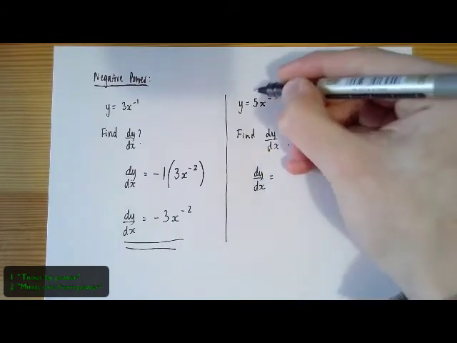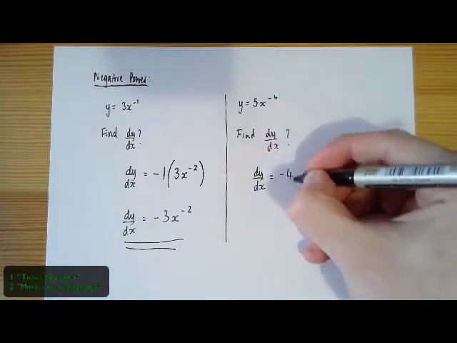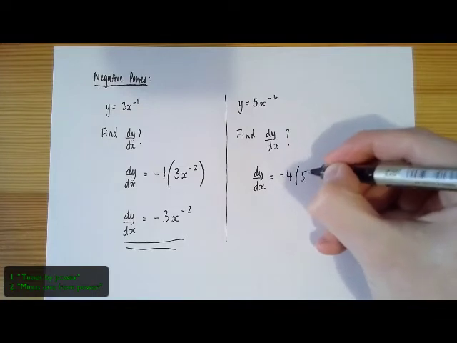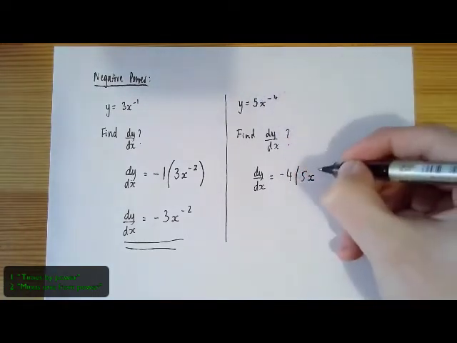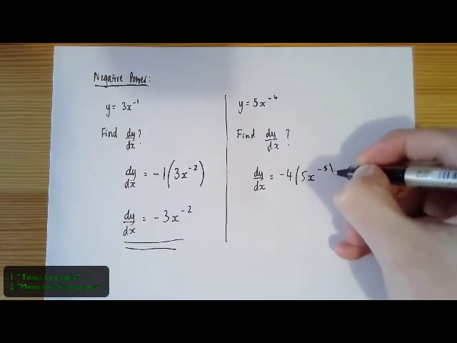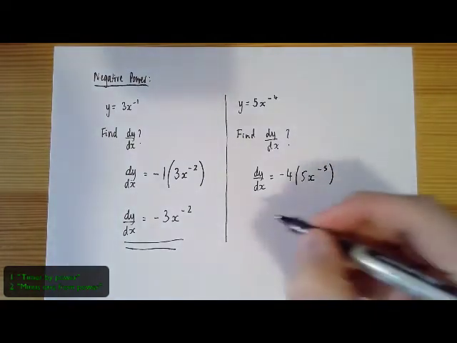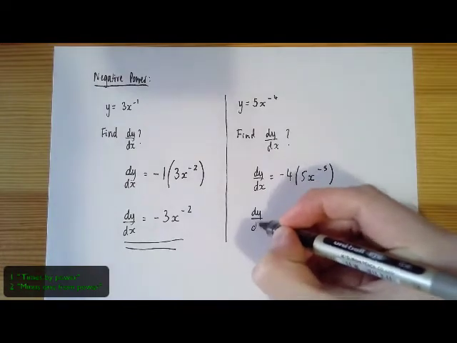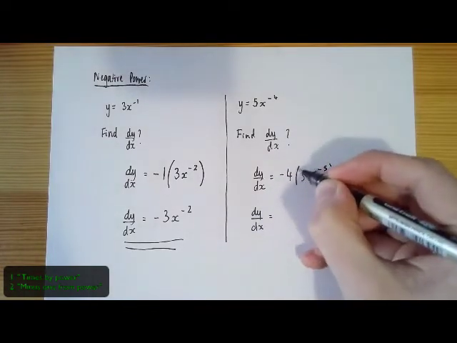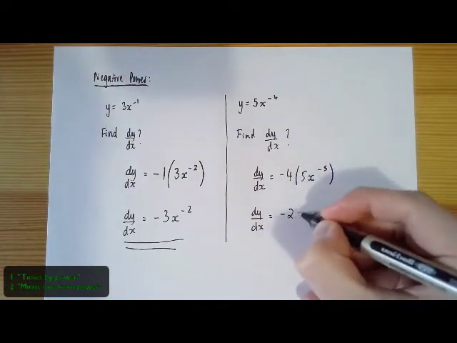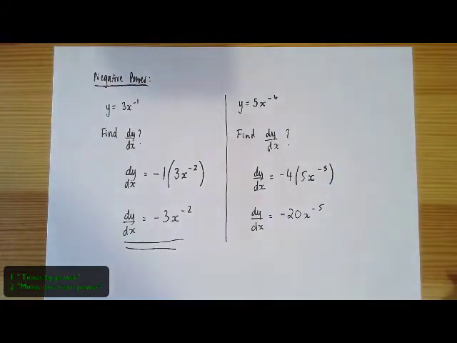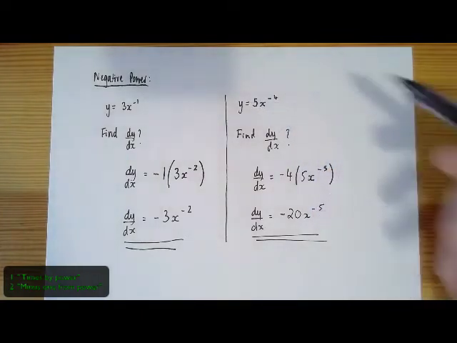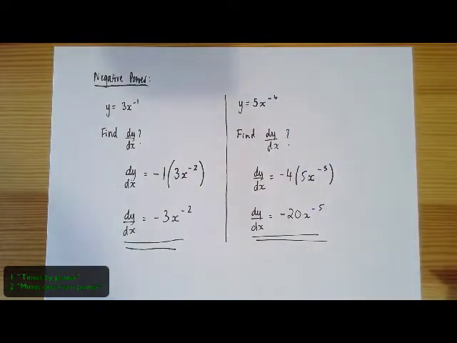I'm going to bring my power down to the front to get negative 4, and I'm going to multiply by all of this and reduce the power by 1 to give us negative 5. Then I'm going to simplify that. Negative 4 times 5 is negative 20, and then adding my x to the minus 5. And that is the derivative of 5x to the negative 4.